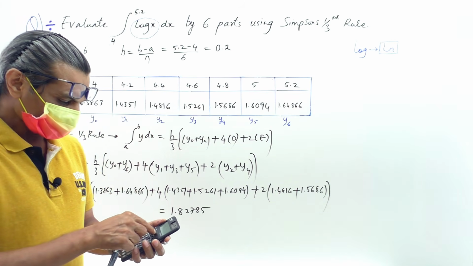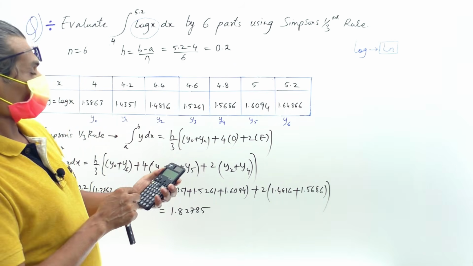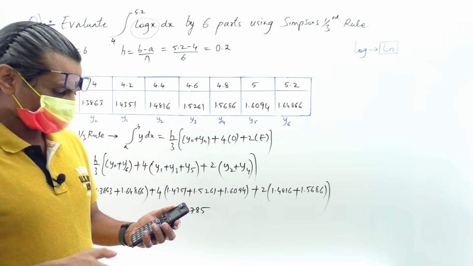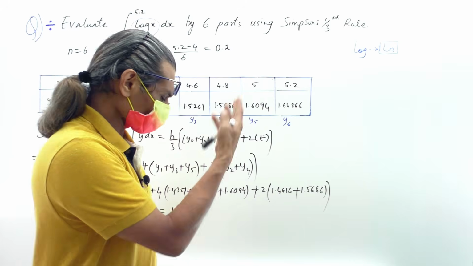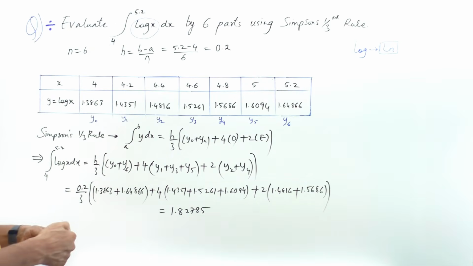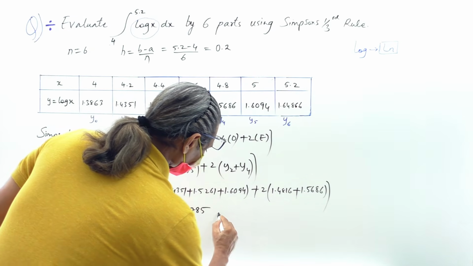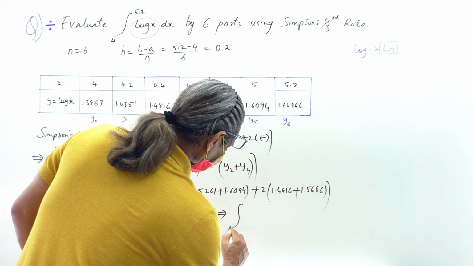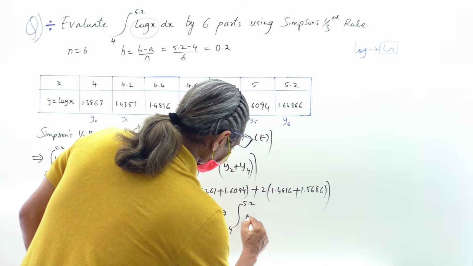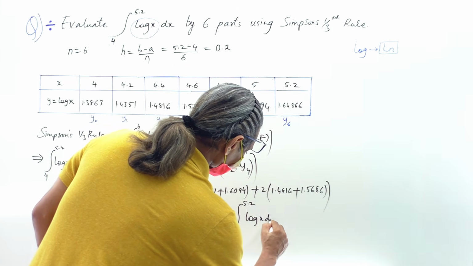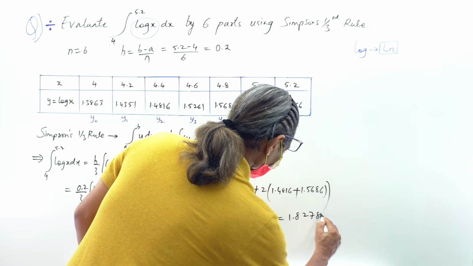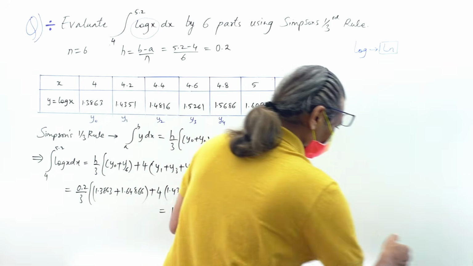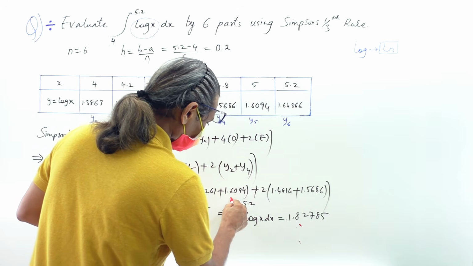Go down, 4 to 5.2, execute. 1.827847 or 85, that's the answer, 100% accurate. So the integral from 4 to 5.2 of log x dx equals 1.82785 according to Simpson's one-third rule.